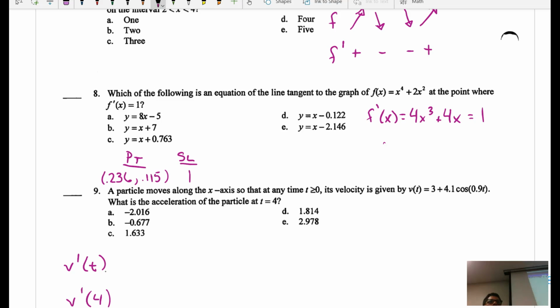And then how am I going to turn that into the equation of y? So y equals the slope times x minus that x coordinate plus that y coordinate. And when I distribute the 1, then I get x minus 0.236 plus 0.115.